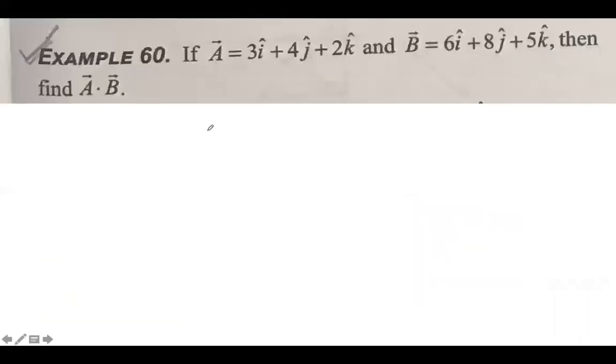For example, if we have these two vectors, vector A is equal to 3i plus 4j plus 2k, and vector B is equal to 6i plus 8j plus 5k.